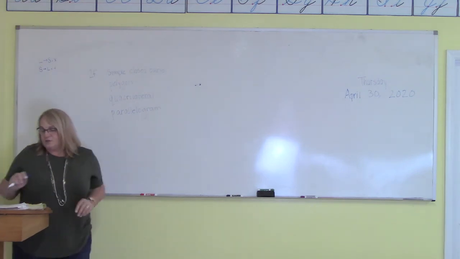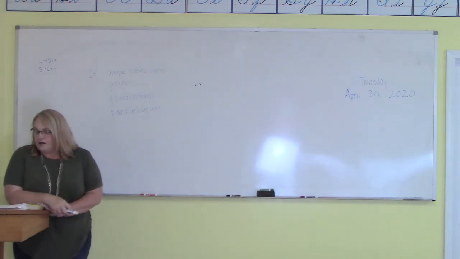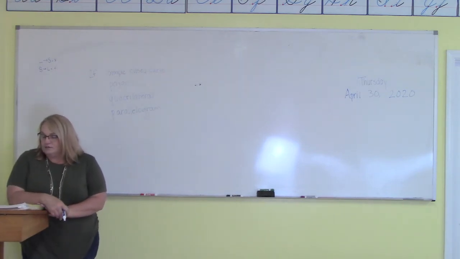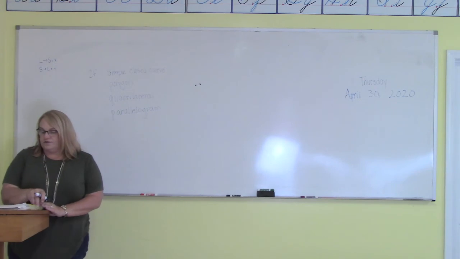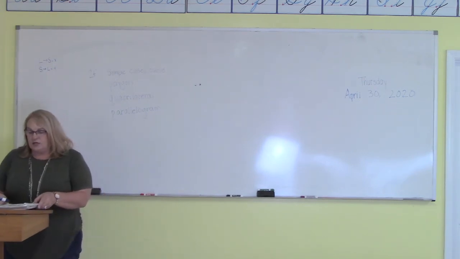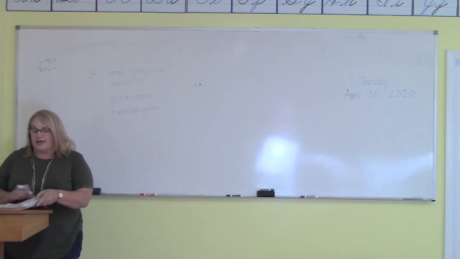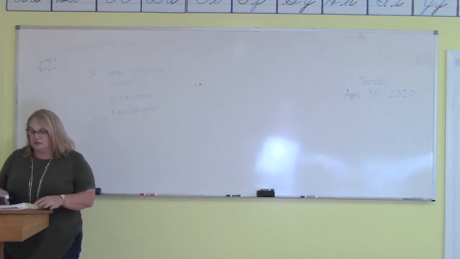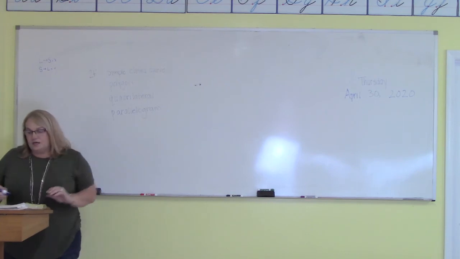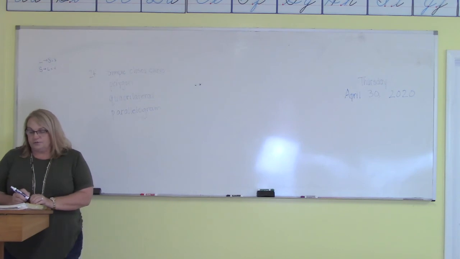All right, number 3 says write true or false in each blank. A polygon has 4 sides. True or false? That is false. A polygon is a simple curve made up of line segments. B, this is a right angle. That's true.